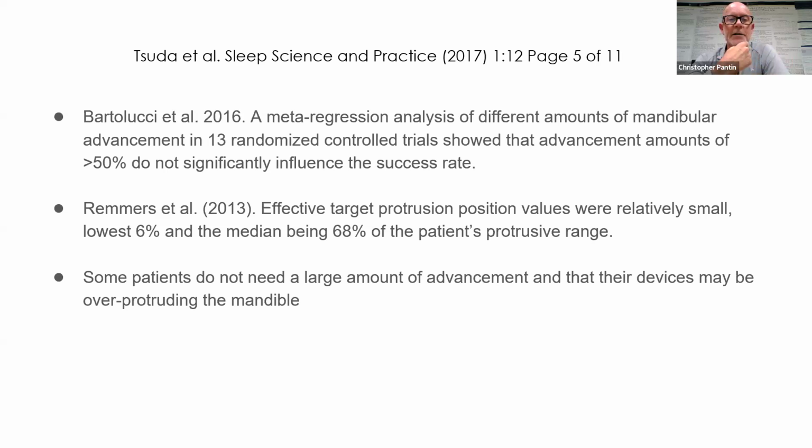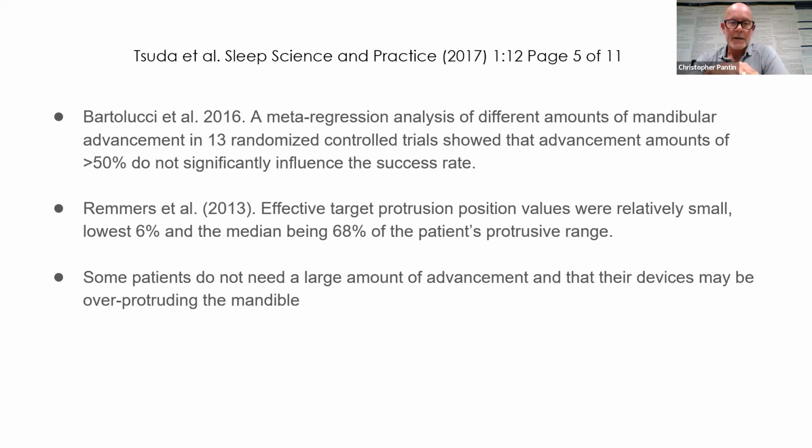So it gets back to the point I made before about some studies showing you don't need to go beyond 50%. I would just take that as a point of interest and not be influenced by that. You need to protrude the mandible as far as you do to get the outcome.